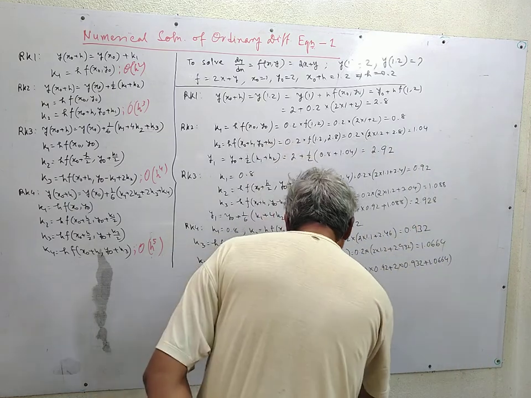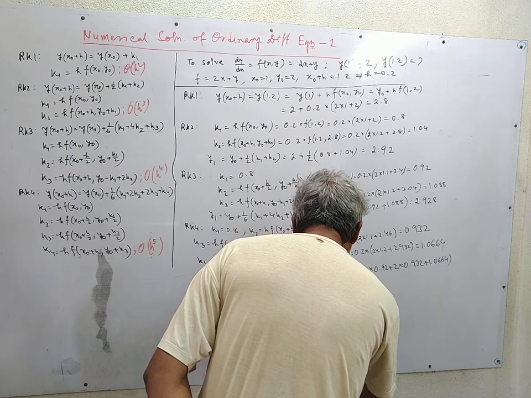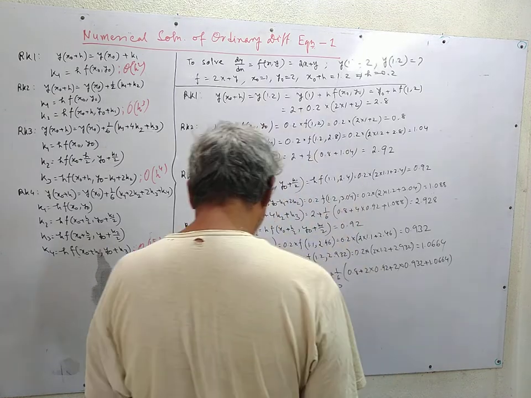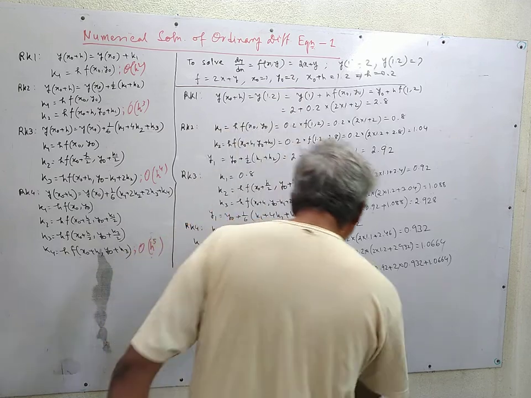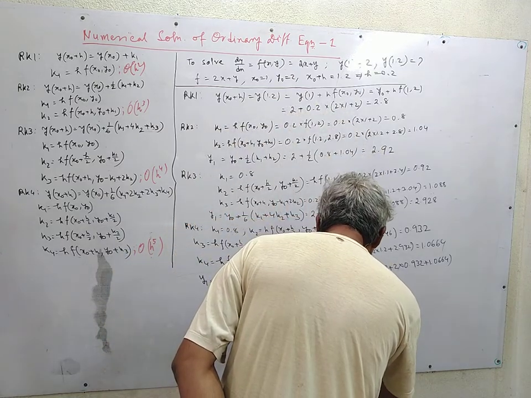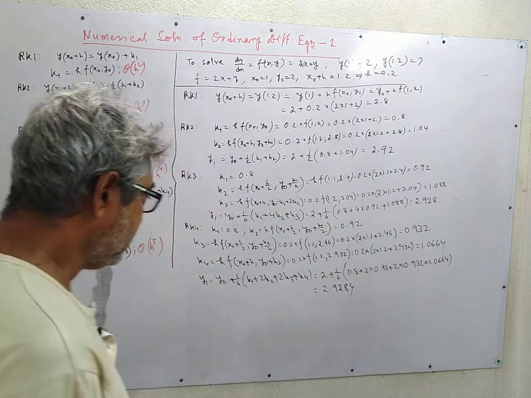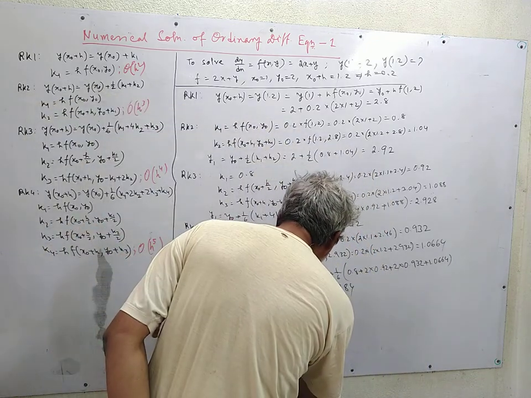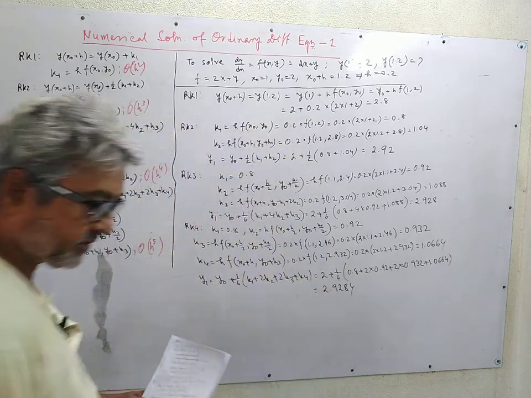On simplification, this comes out to 2.9284. This is the RK4 method, the value of y at this stage.